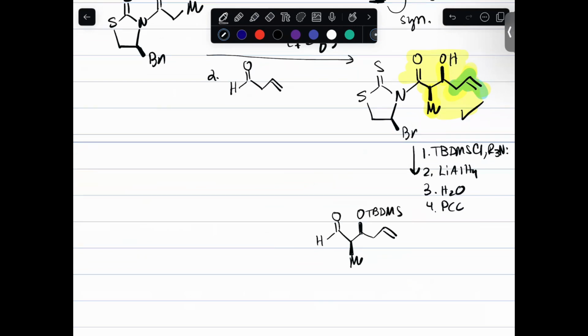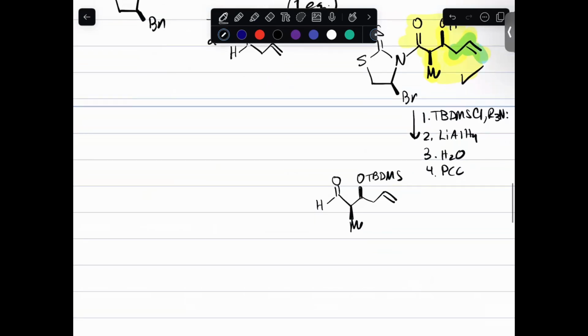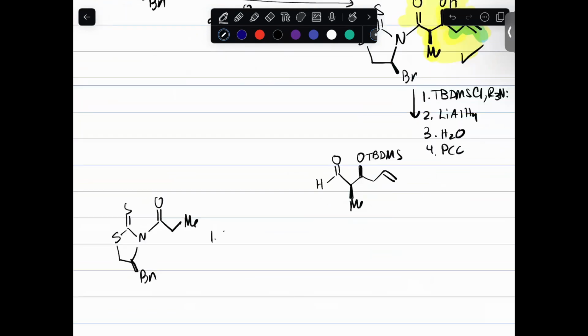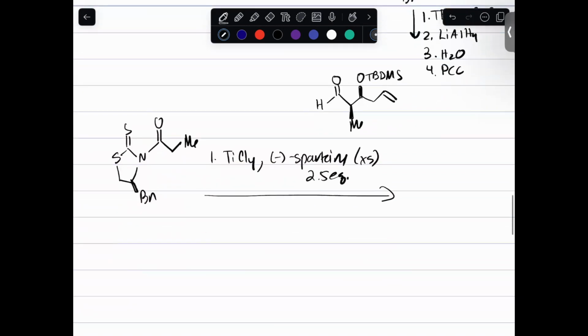And then they use the exact same thiazolidine thione, titanium tetrachloride, spartine, with an excess of base, 2.5 equivalents. And their aldehyde is the aldehyde that we just made.